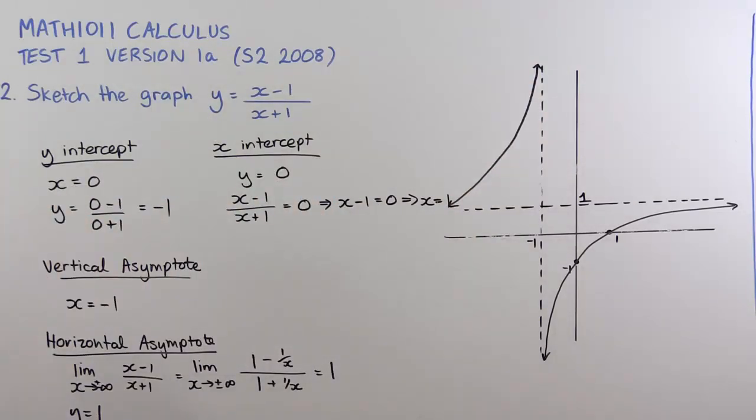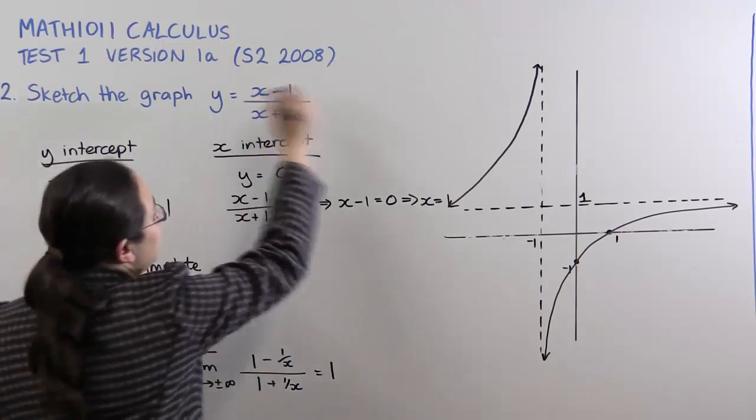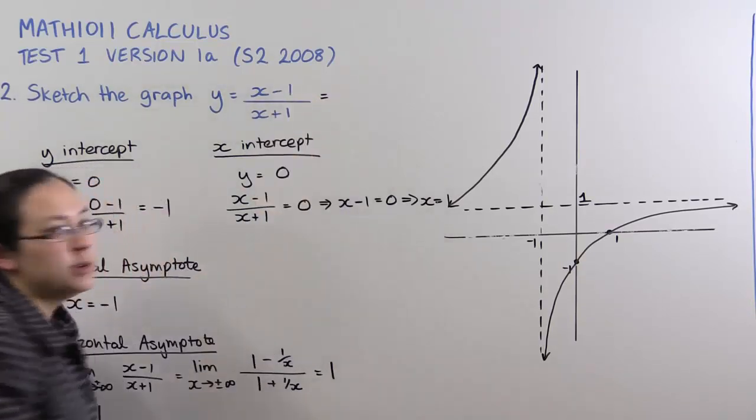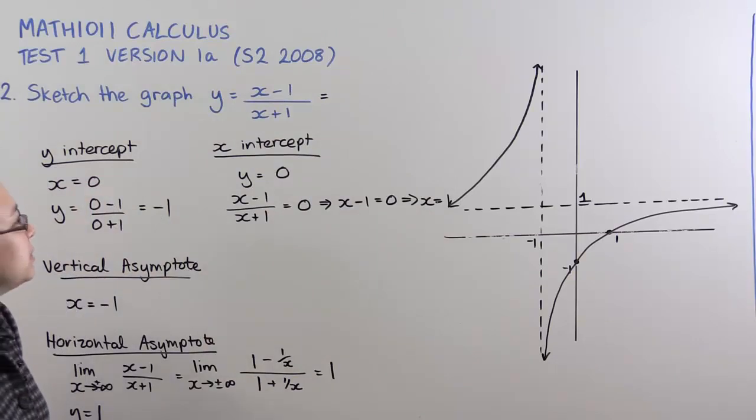Okay. Now, one way we could see that that was actually a hyperbola without doing all this work is to go back to this equation and do a little bit of a trick. x minus 1 on x plus 1.